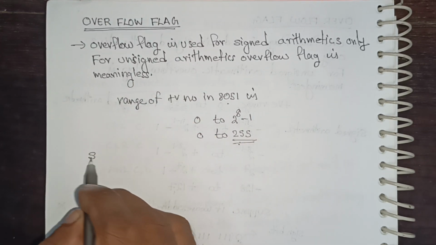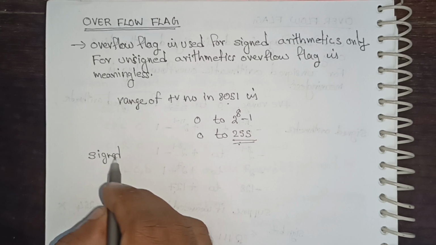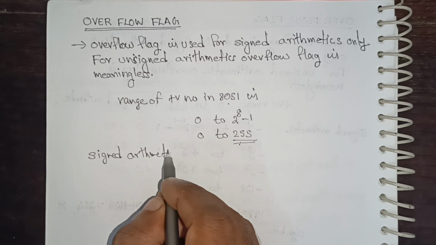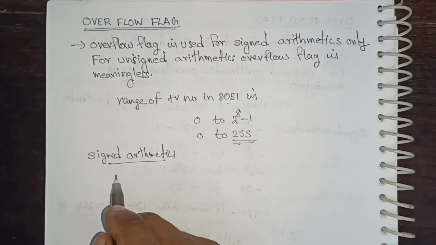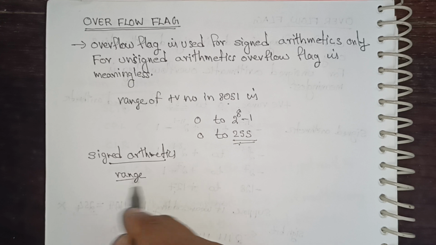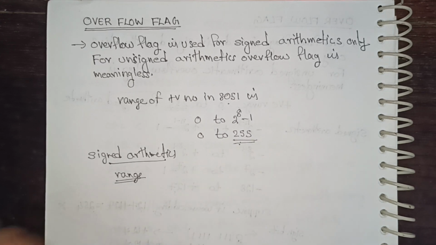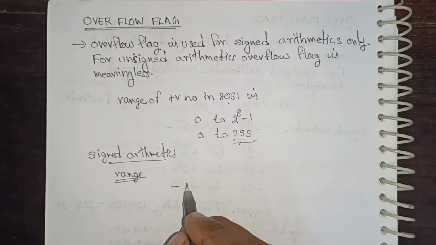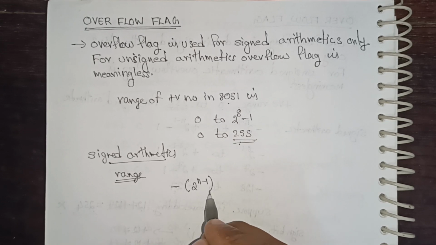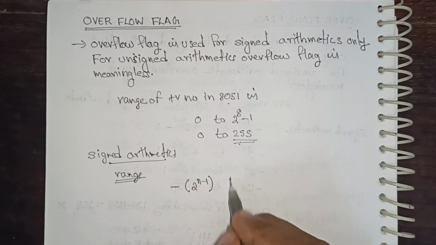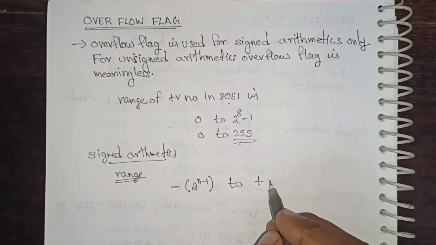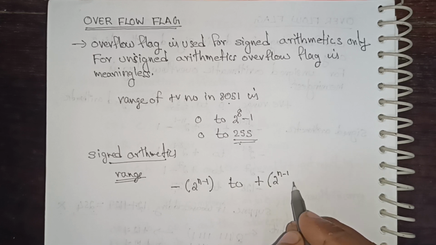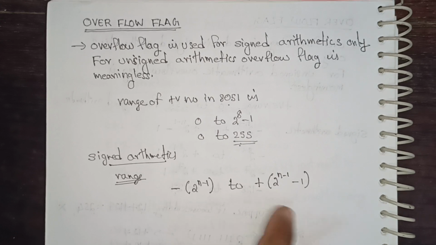But for signed arithmetic, the range is different. Because in signed arithmetic we are dealing with both negative and positive numbers, the formula is minus 2 raised to n minus 1 to, on the positive side, 2 raised to n minus 1, minus 1. So this is the range.